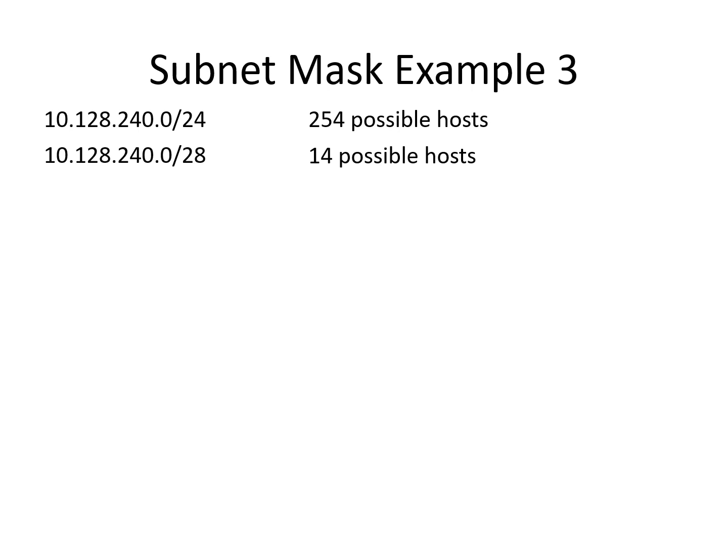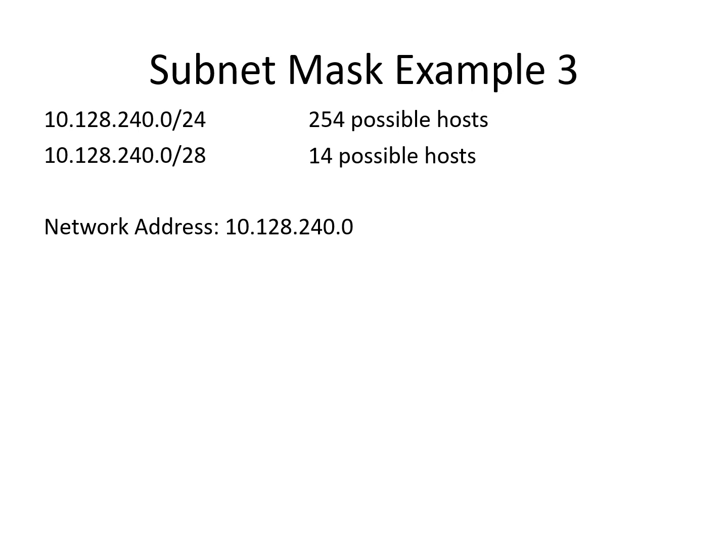The network and broadcast addresses can be calculated for both fairly easily in this case. For the first CIDR address, we would have all zeros for the host bits, resulting in a network address of 10.128.240.0.